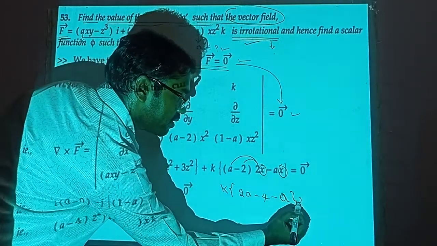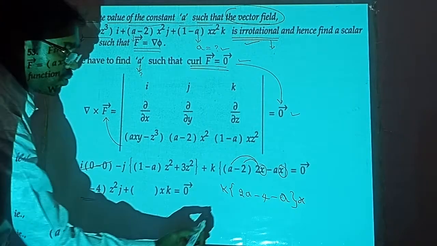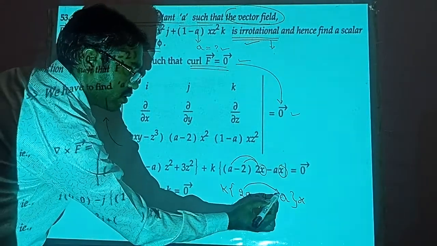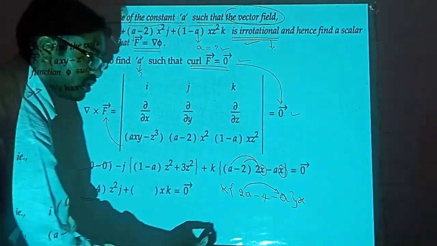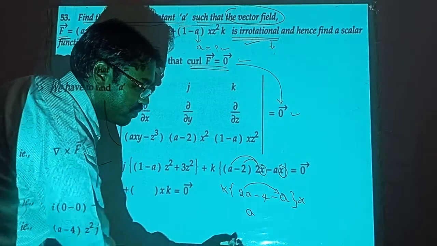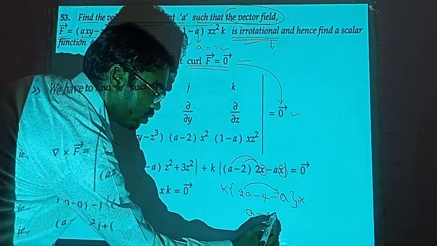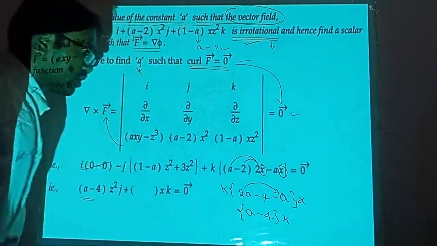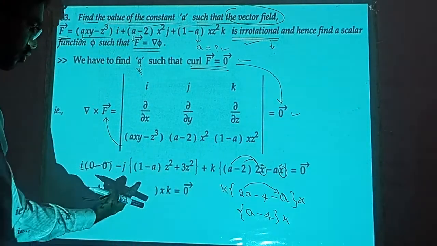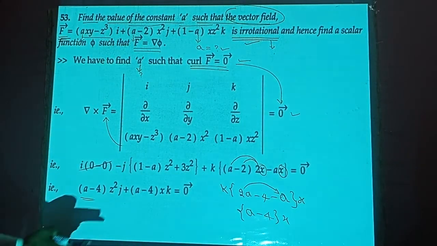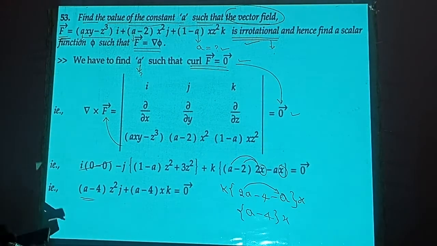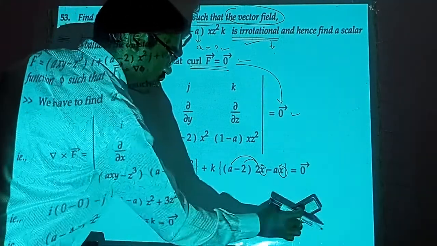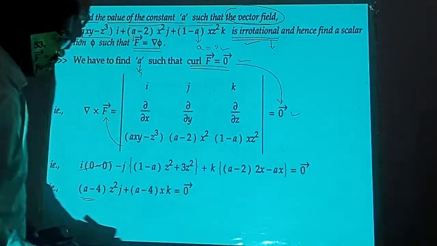X has been taken out. So what remains? 2a minus a. 2a minus a is a minus 4 into x. Right? Then you get a minus 4 in the bracket. Now let us simplify it further.